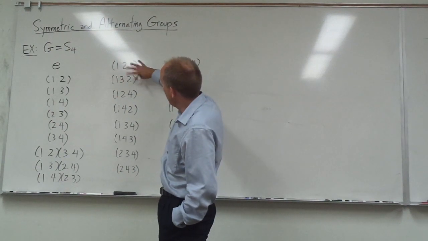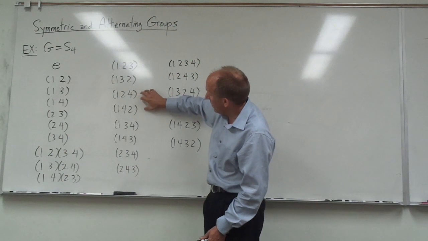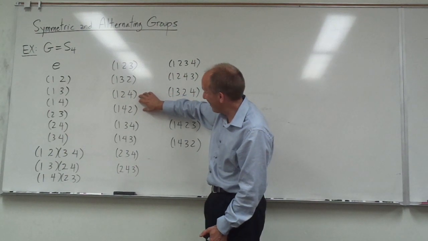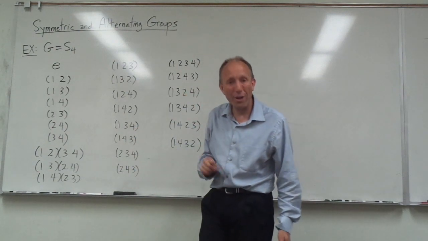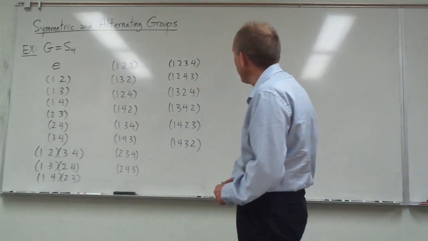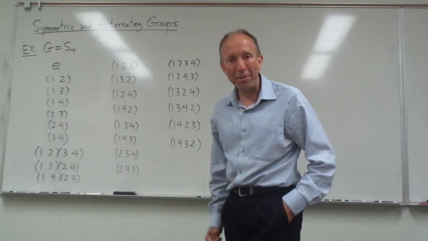So these 2 are both inverses of each other. The next 2 3-cycles are also inverses of each other. The next 2 are inverses of each other. And the next 2 are also inverses of each other. So these are all of the 3 cycles. There are 8 of them there.